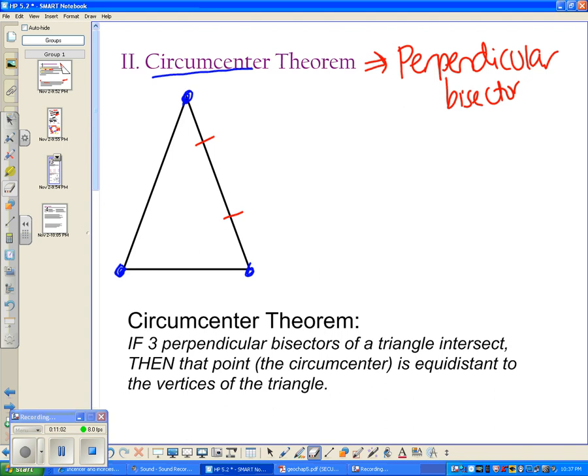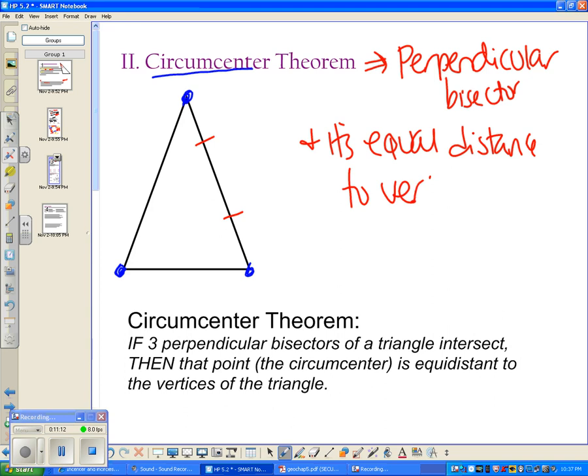And it's going to be equal distance to the vertices. That's really important. I'm sorry, I think the circumcenter was here, right? So I'll call it CC. Okay, so that means from the circumcenter to this vertex, and to this vertex, and to this vertex, they're going to be congruent.